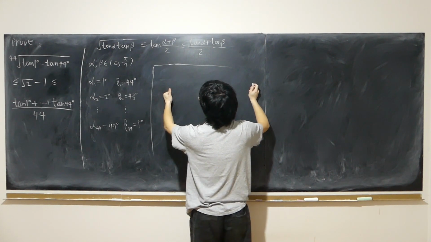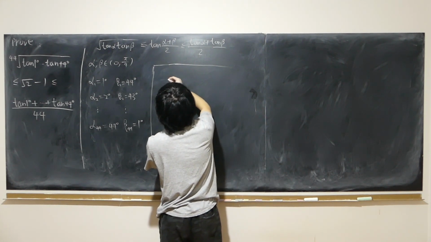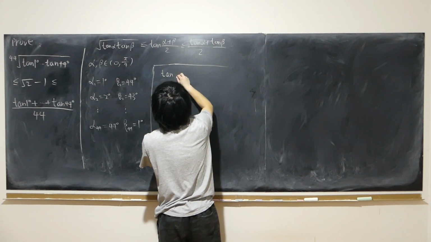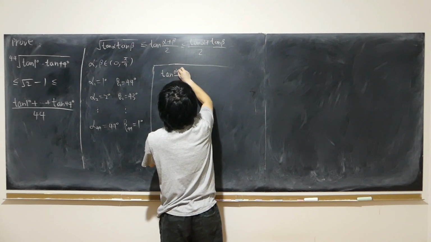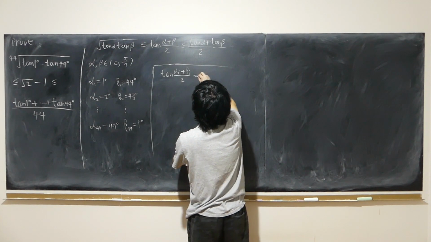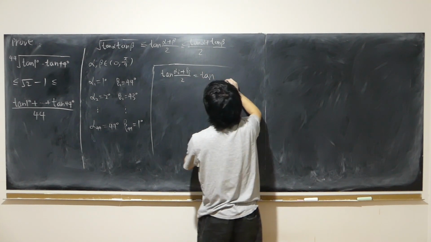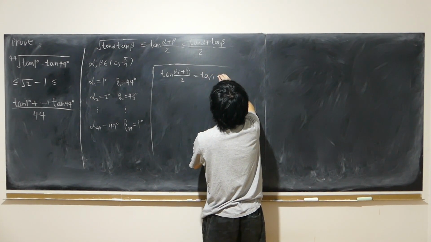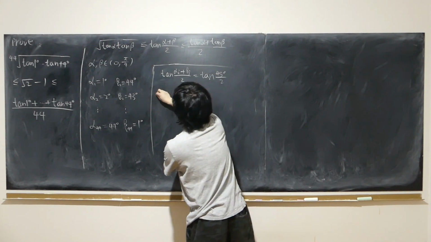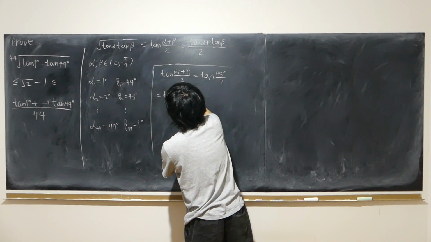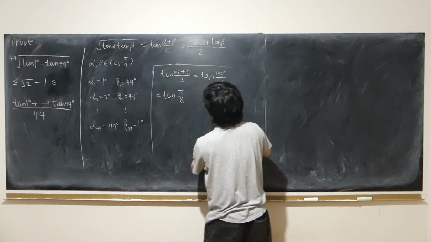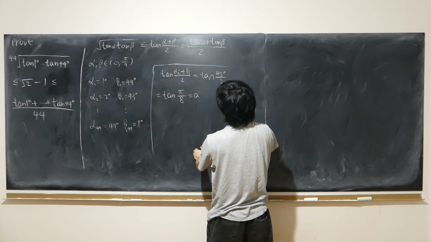So first of all, let me just work out in general, tangent half of alpha j plus beta j, that is equal to tangent half of 45 degrees, that is equal to tangent pi over 8. Maybe let's call it a.